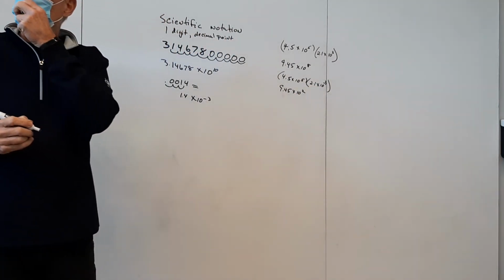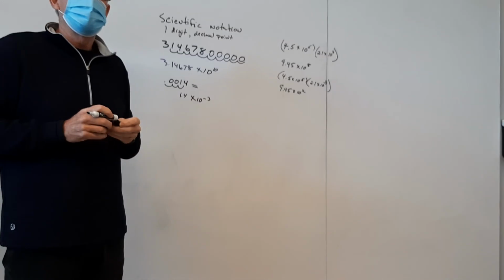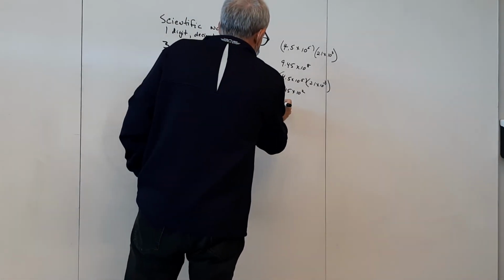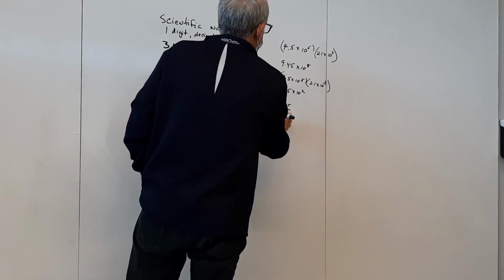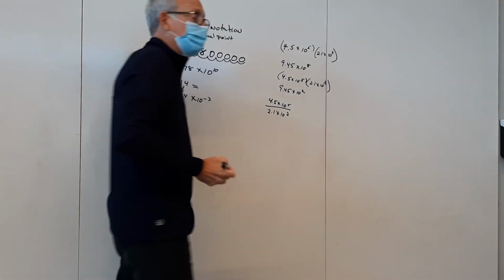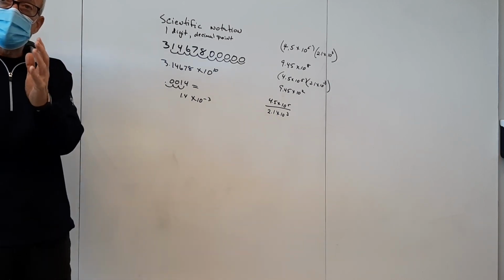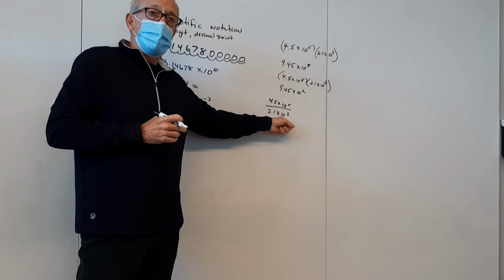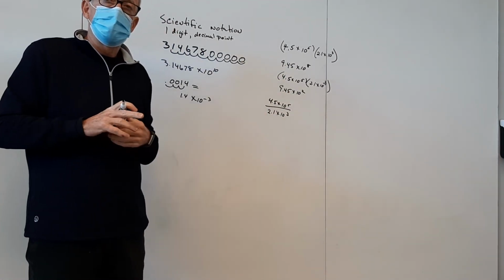Now, when you're dividing with scientific notation, 4.5 times 10 to the 5th divided by 2.1 times 10 to the 3rd, you either put it in your calculator or you just subtract the bottom from the top, the denominator from the numerator.